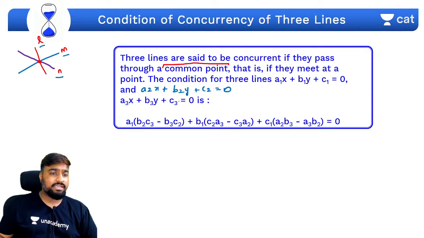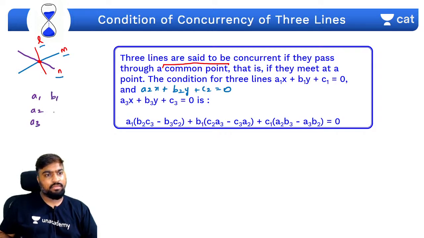They'd be concurrent if you take the determinant of these, right? If you write it like this: a1, a2, a3, b1, b2, b3, c1, c2, c3.